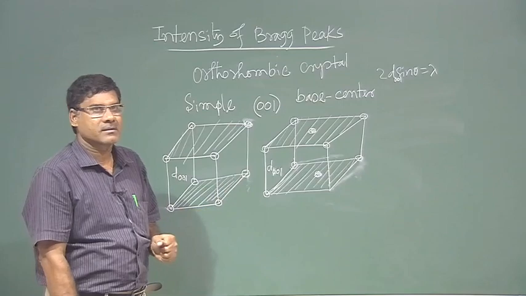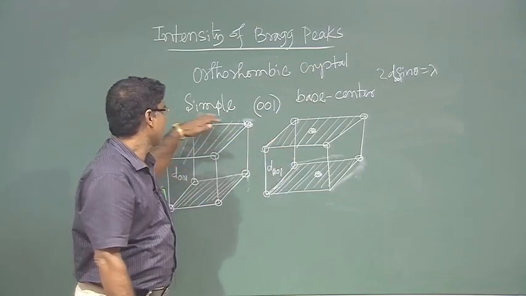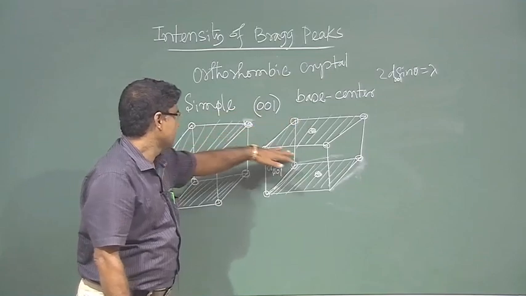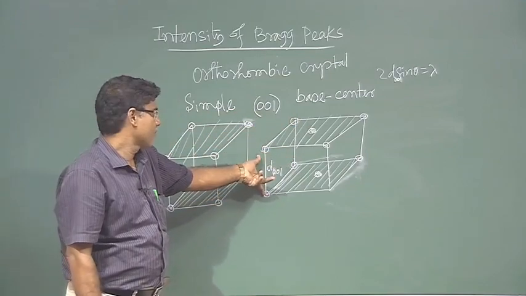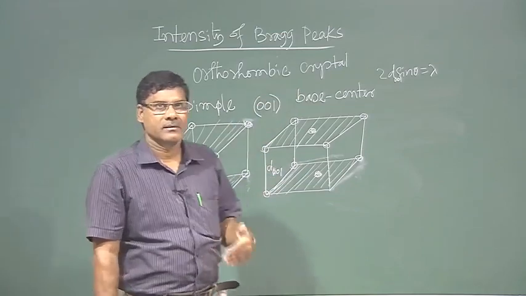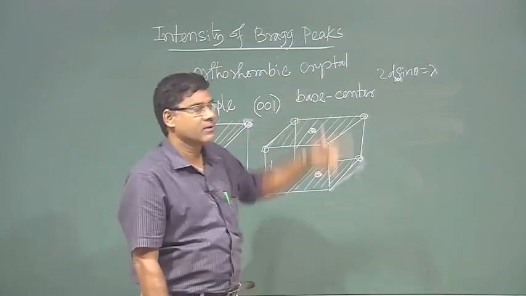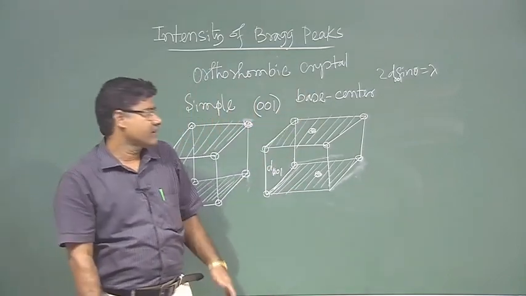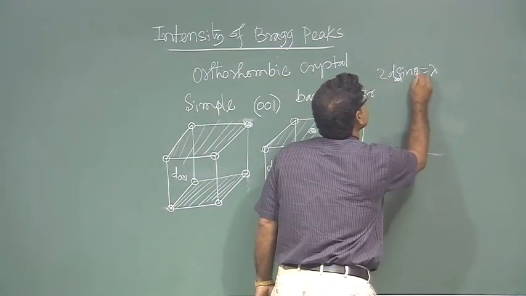In these two cases the lattice spacings are the same, and we are supposed to get the peak at a particular angle. Now, what about the intensity of that peak?